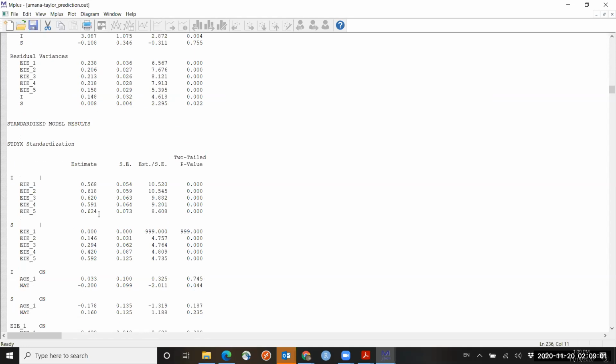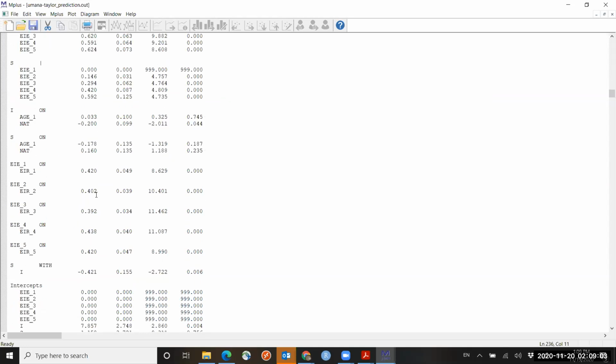Now let me go to standardized here. They are still about the same. You can see here that one standard deviation change in ethnic identity resolution at time 1 corresponds to an expected 0.42 standard deviation change in ethnic identity exploration. And that is pretty similar across each time point.